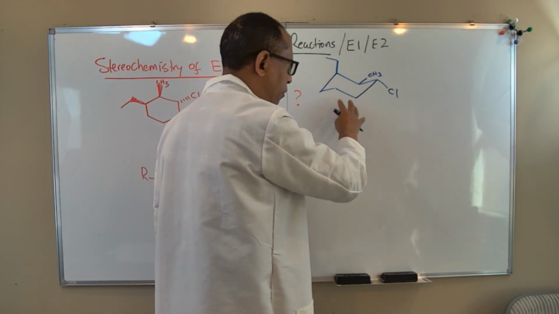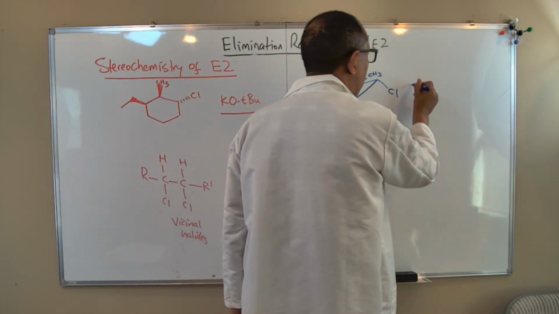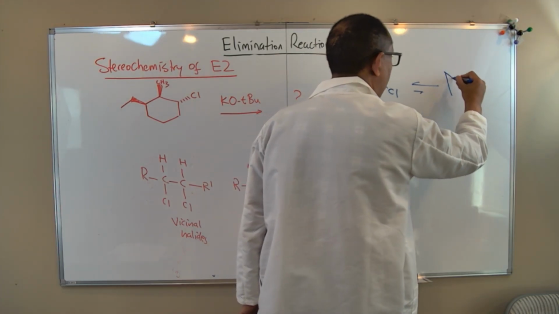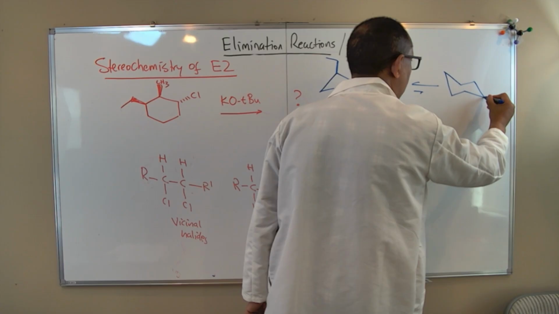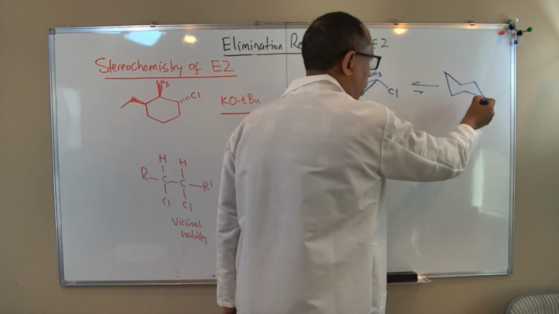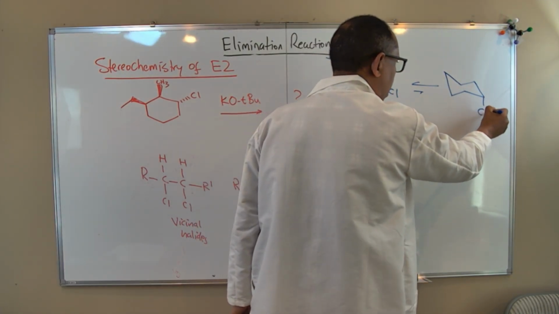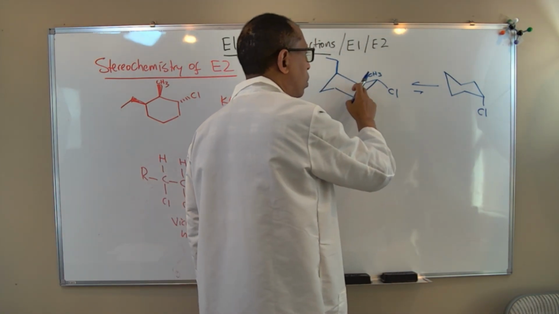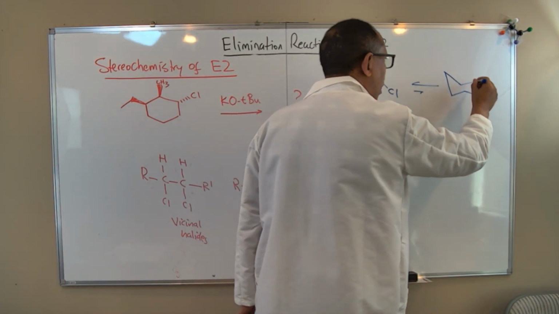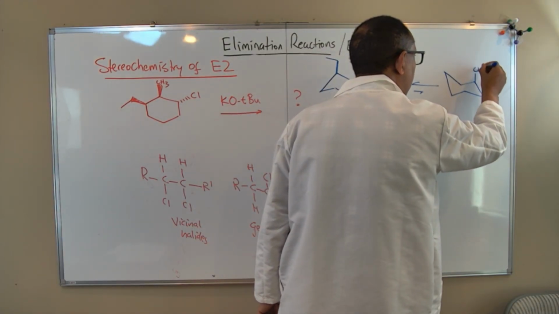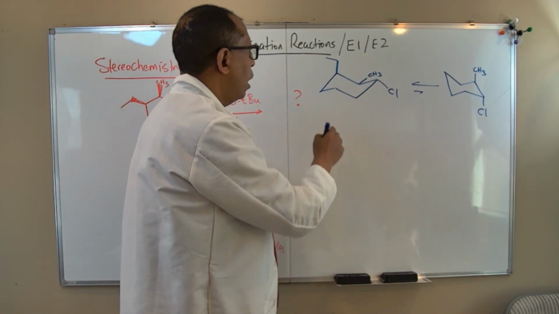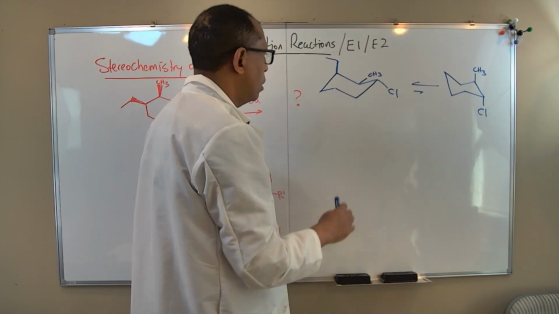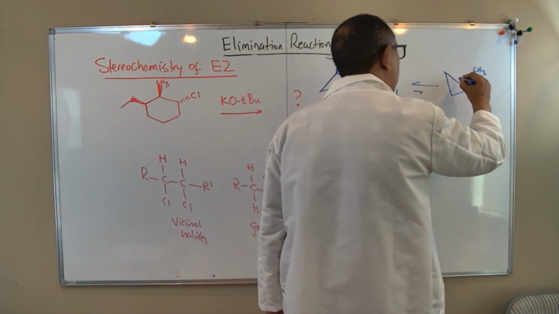The ring flip of this equivalent structure, if you just ring flip this, is what it looks like. Chlorine is axial right there, and the next methyl group would be equatorial, which was axial before, right? Ethyl was axial. The next conformer should be equatorial, so it would be this.